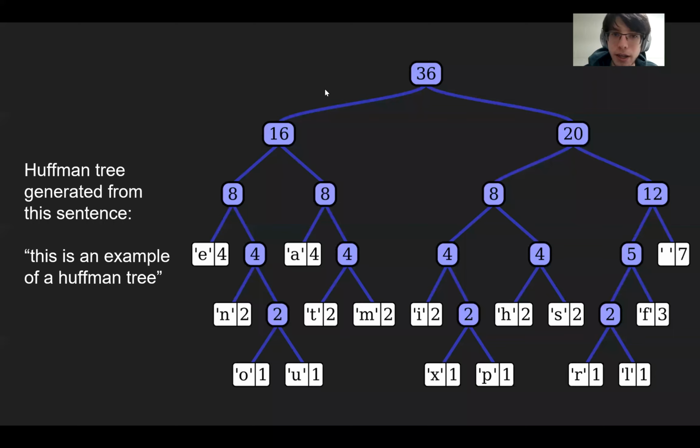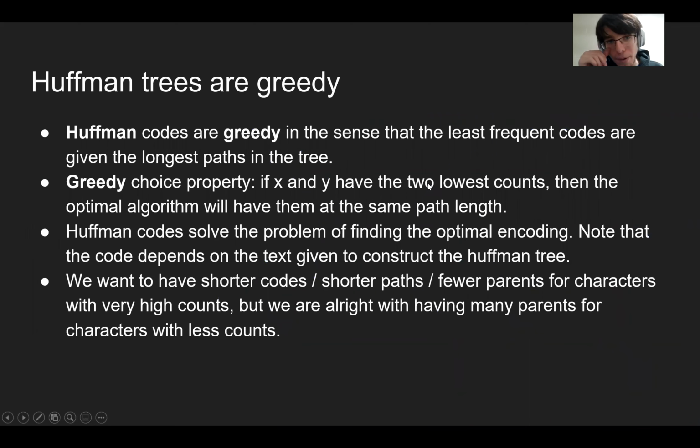Yeah, and so we'll see how we build the tree on the next slide, but Huffman trees use a greedy approach. Huffman codes are greedy because the least frequent characters have the longest path in the tree.